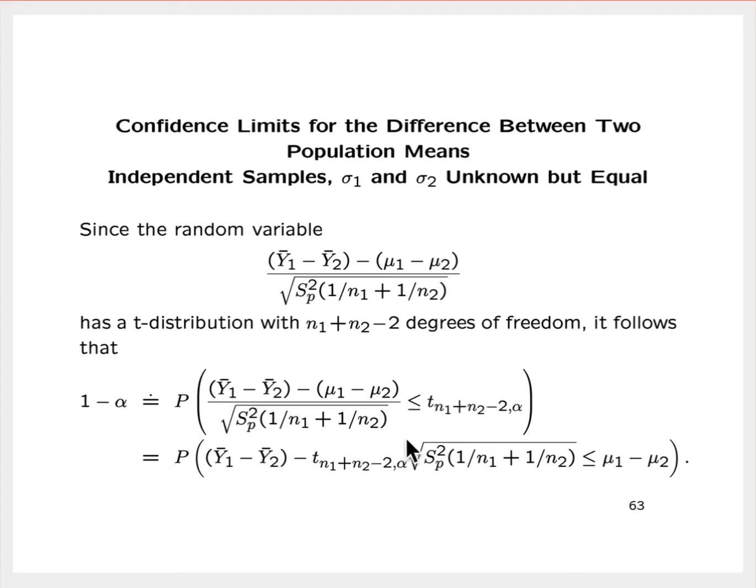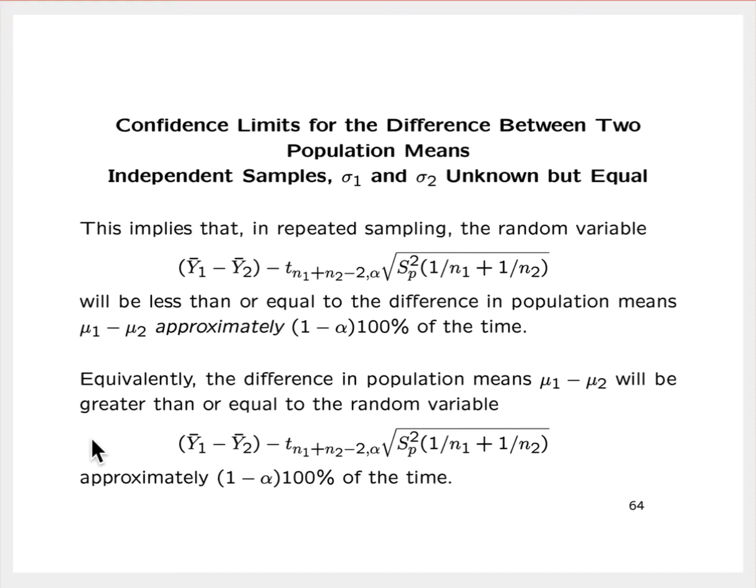And we can rearrange the terms defining the event inside the parentheses in order to get mu1 minus mu2 on one side of the inequality all by itself. This shows us that the probability that y bar 1 minus y bar 2 minus the t-value, the interval coefficient, times the estimated standard error of y bar 1 minus y bar 2 is less than or equal to the difference in the population means, mu1 minus mu2, is 1 minus alpha.